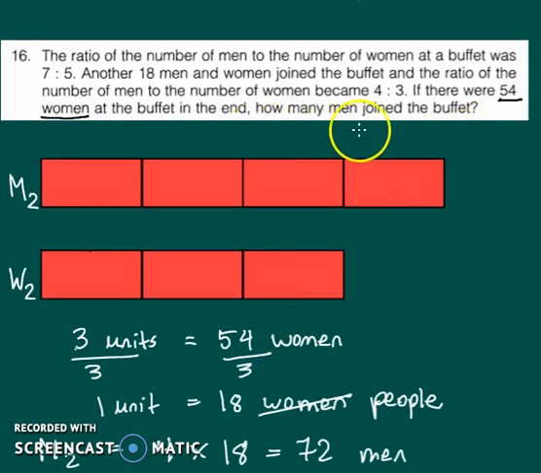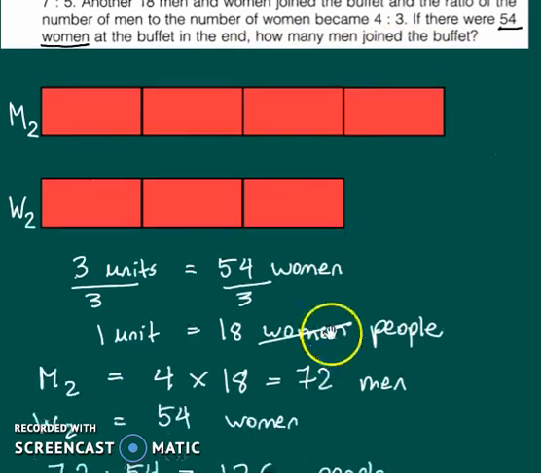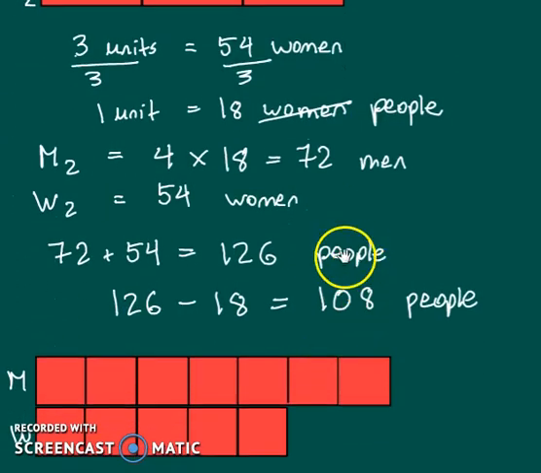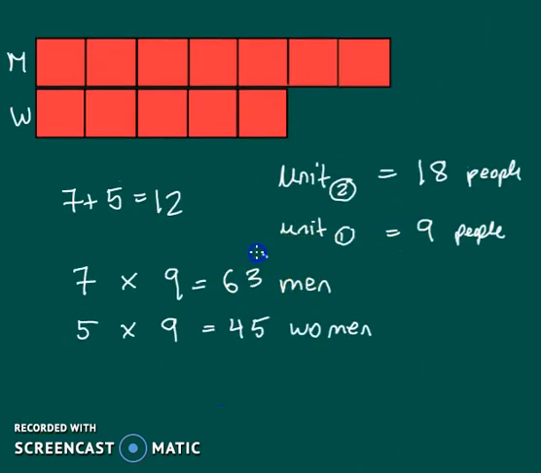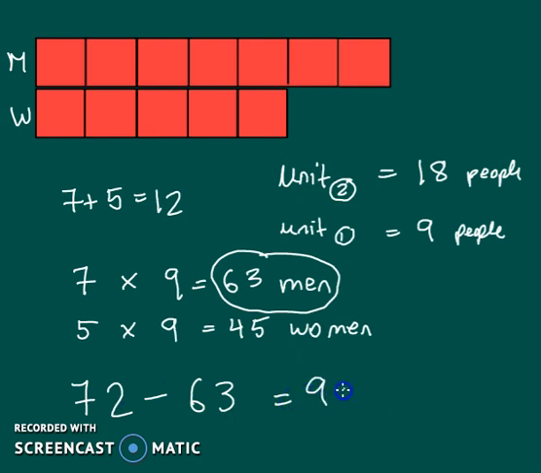They want to know how many men joined in the buffet. So when those 18 people showed up, how many of them were men? Well, let's see. Originally, we had 63 men, and now we have 72 men. 72 minus 63 is 9 men. That's how many men showed up when those 18 people showed up.